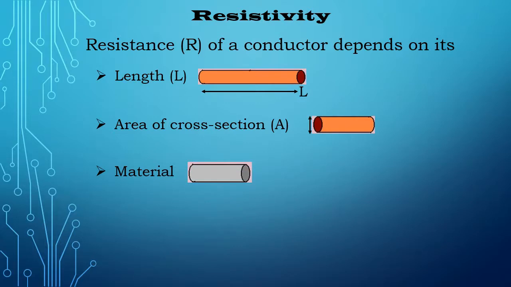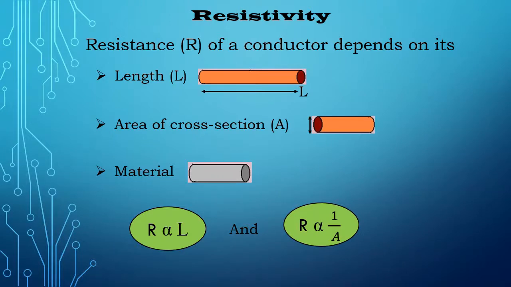The resistance of a wire is higher if it is long. Therefore, we can say resistance of a conductor is directly proportional to its length, and it is lower if the wire is thick. So, we can say resistance is inversely proportional to its area of cross section.